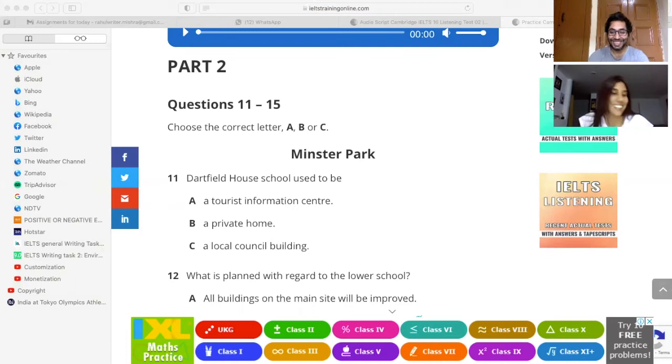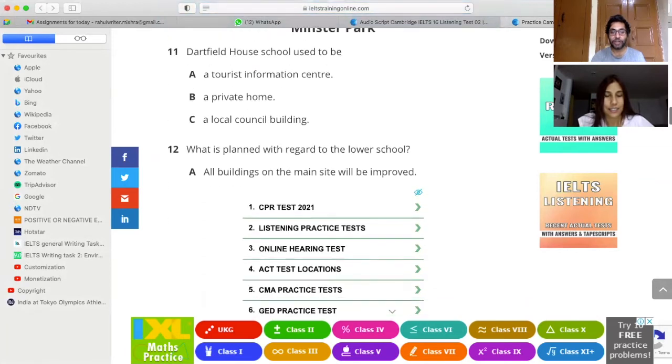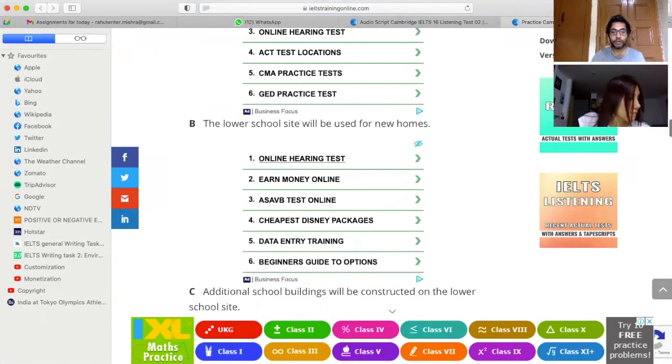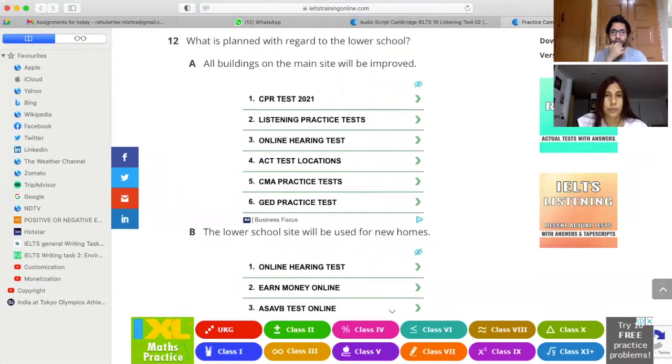I got confused. Okay. Next one: what is planned with regard to your school? What did you write? A, all buildings on the main site will be improved. They are just asking about the lower school. The question is not asking about every building on the main site.